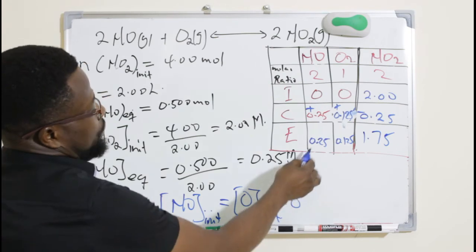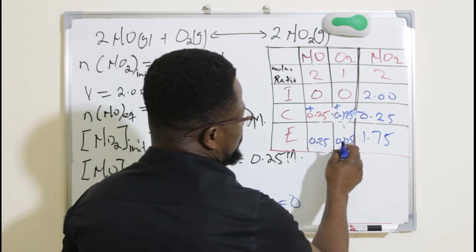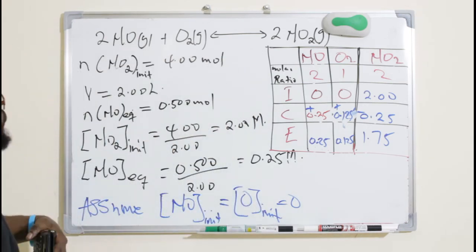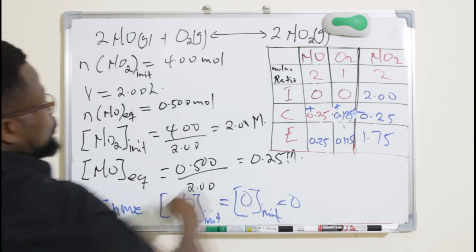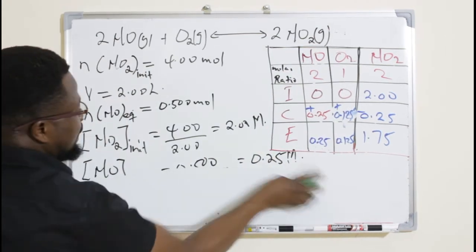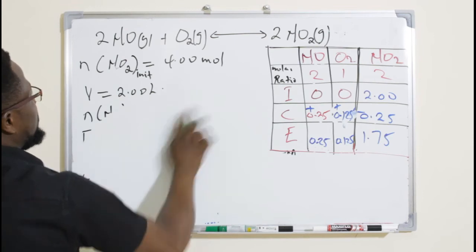So we've gotten this to be 0.25, this is 0.125, and this is 1.75. Now we need to calculate the Kc. I'm going to clean this side and we're going to complete the problem.